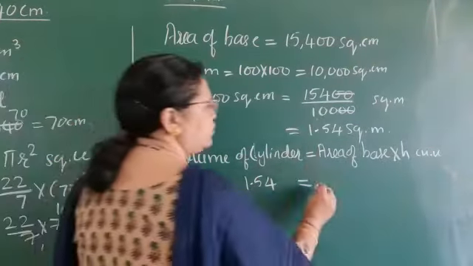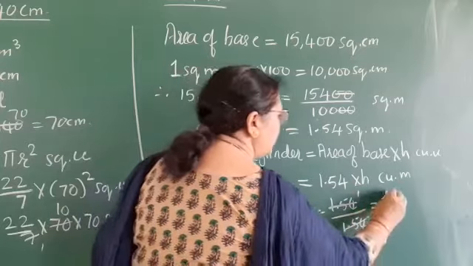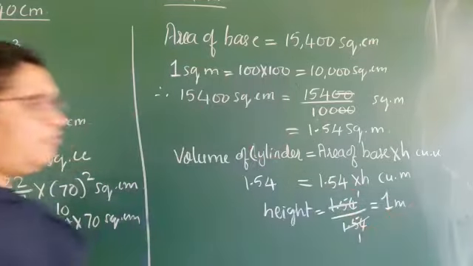So area of base is also 1.54 square meters into height cubic meters. So here height is equal to 1.54 divided by 1.54. So after cancellation you get 1 meter as the height of the cylinder.